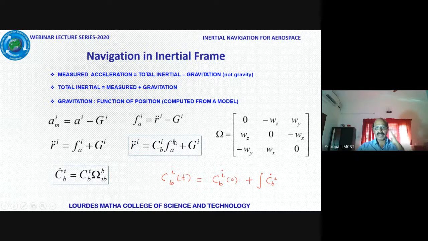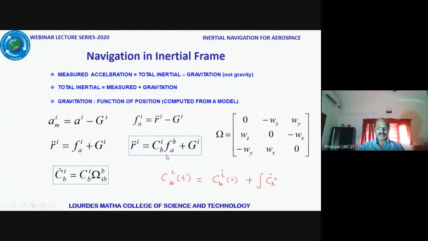Body has got XB, YB, ZB. Along those three directions, these three accelerometers will be there to measure the acceleration in the body axis directions. And that output measured is in the body frame. This is the accelerometer output in the body frame.